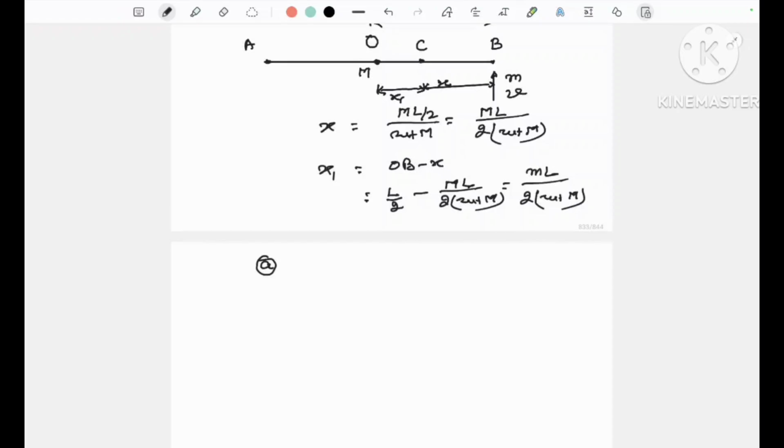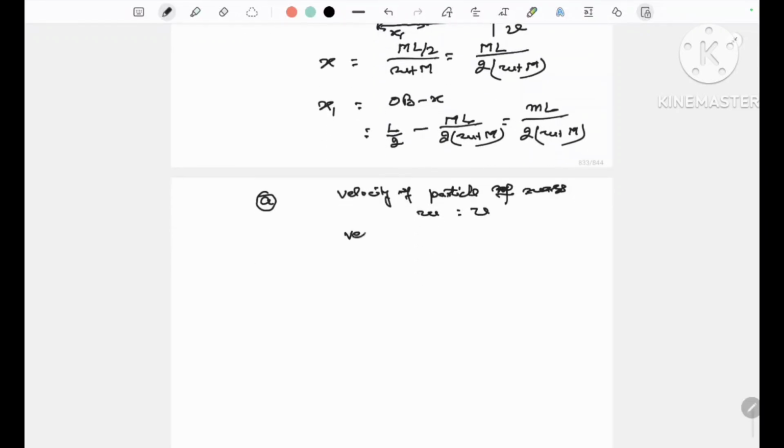Initial speed of particle m, the velocity of particle of mass m is equal to v. Velocity of rod is equal to 0.